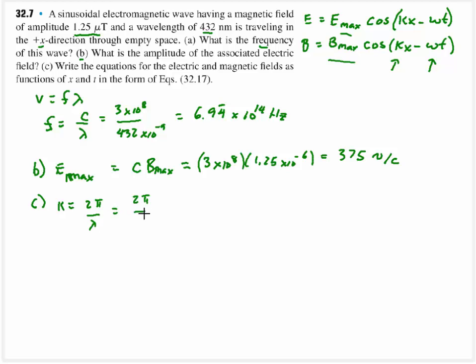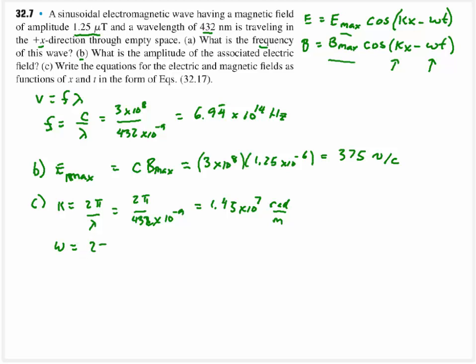So 2 pi divided by 432 times 10 to the negative 9th. And I'm going to come up with my k to be 1.45 times 10 to the 7th radians per meter.